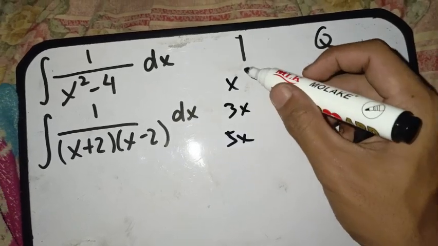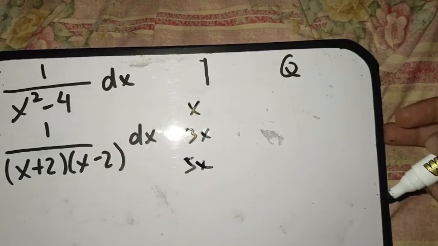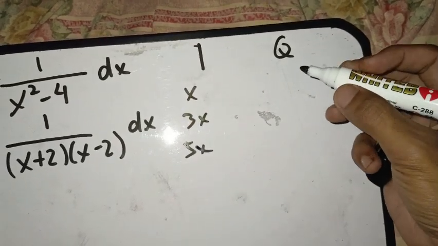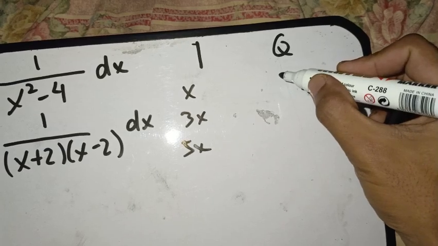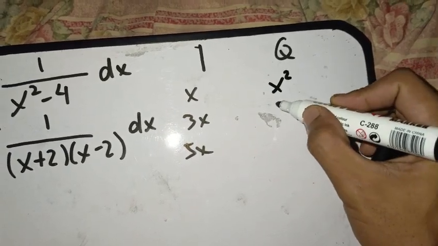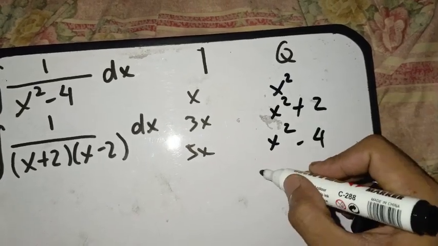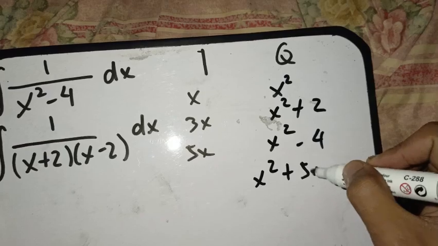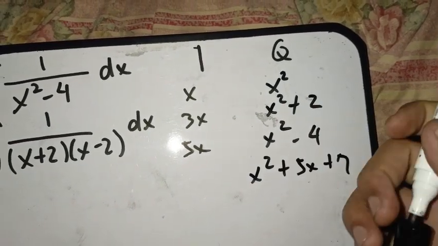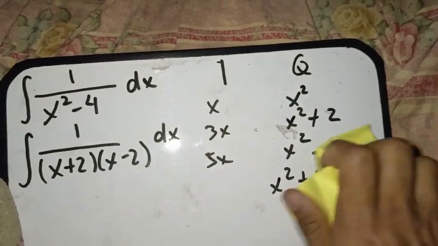They have no 2 on the exponent, or square on the exponent. That differentiates them from the quadratic expressions or terms, which have a square on the exponent: x squared plus 2, x squared minus 4, which is our given, and x squared plus 5x plus 7. These are the differences between linear and quadratic terms.